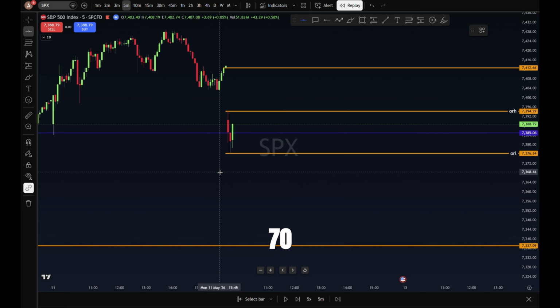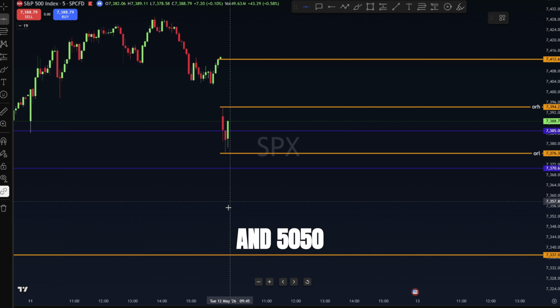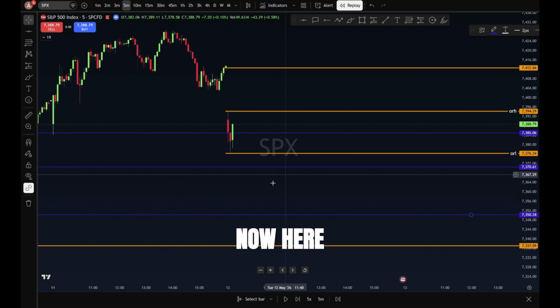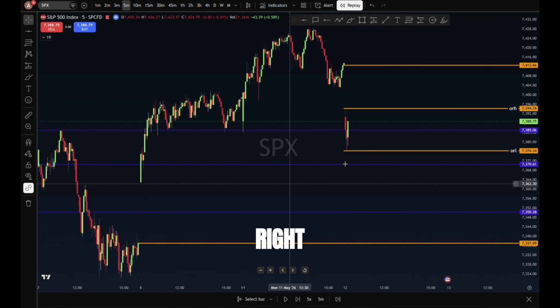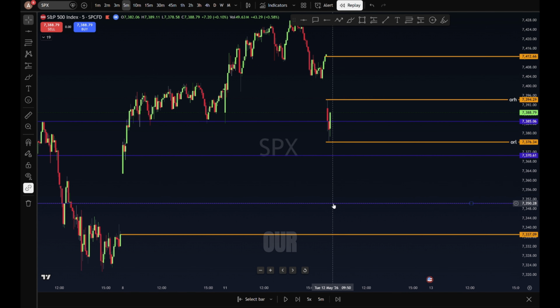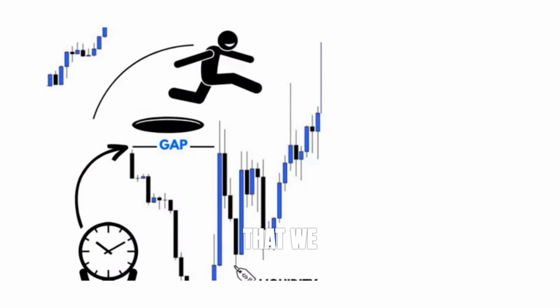Let's mark 70, this one target, and 50. Now it makes sense. We have an open gap, and we have this level as our last target, but below that we have a gap.